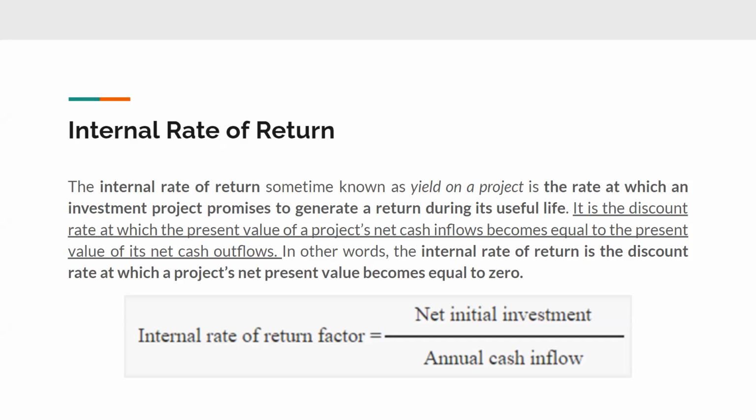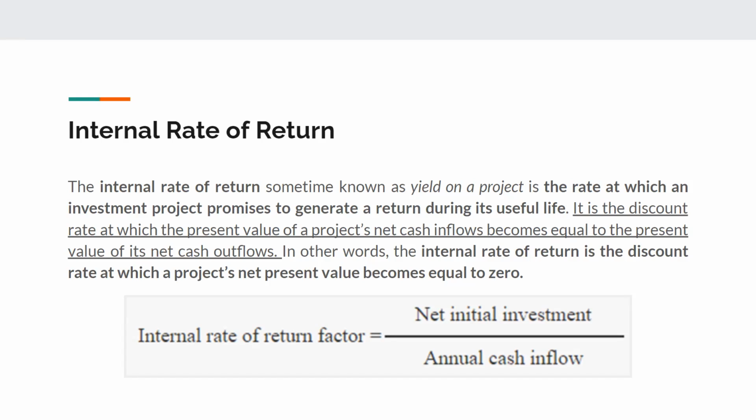And basically, what we are trying to find is the discount rate at which the present value of the project cash outflows is equal to the present value of the net cash inflows. So in other words, you're trying to find the discount rate at which the project NPV is going to be equal to 0.